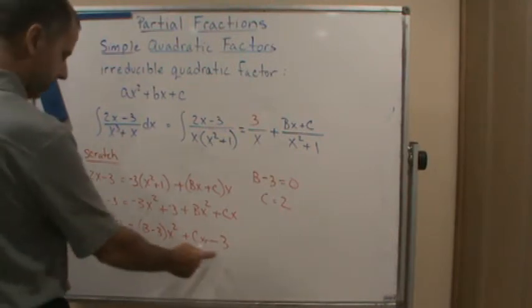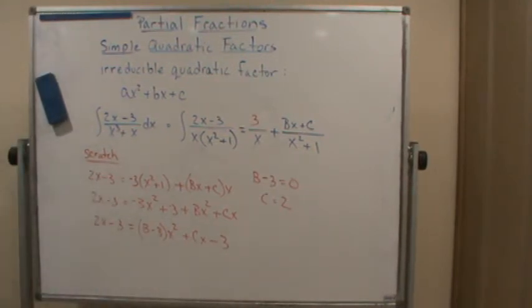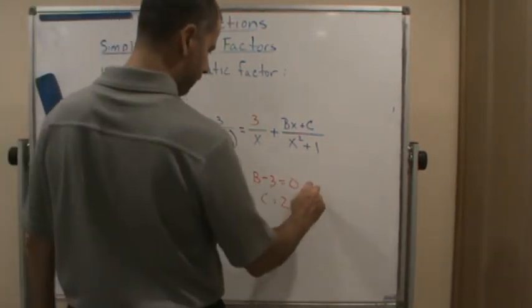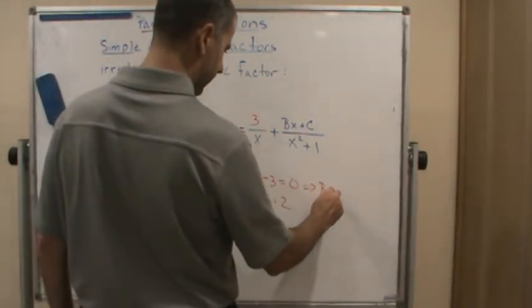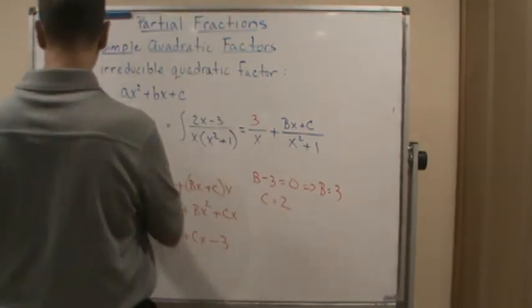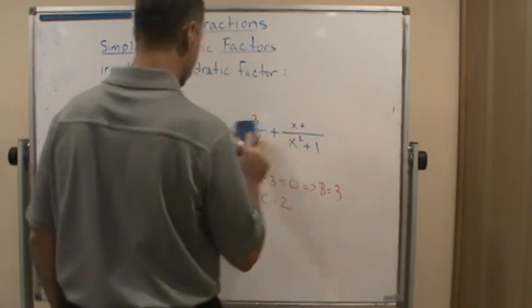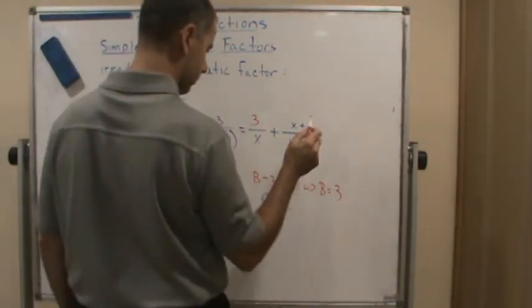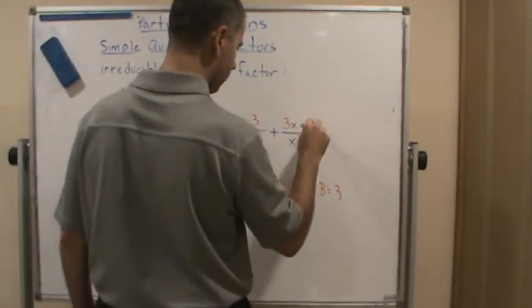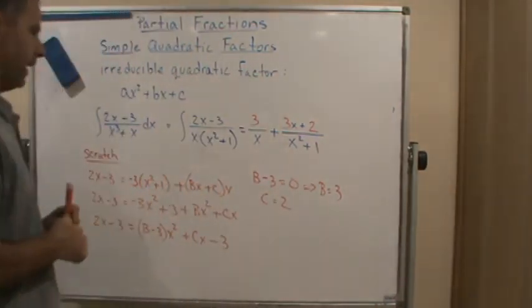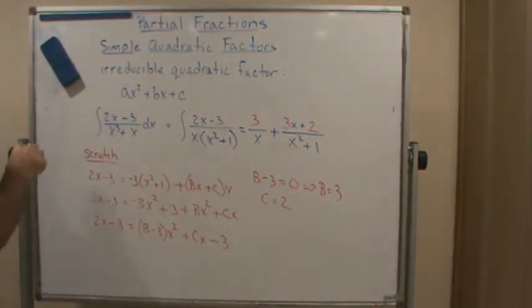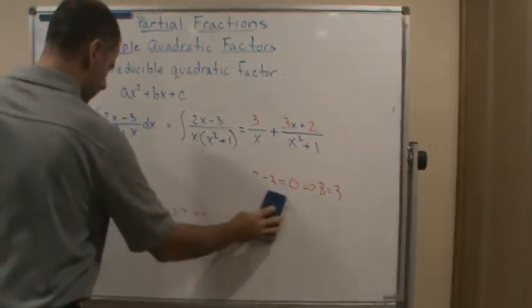And we already got the negative 3, which confirms what we had before, right? So guess what? This means that b equals 3 and c equals 2. And we're done. Okay, now we're ready to evaluate. So our scratch work is done.